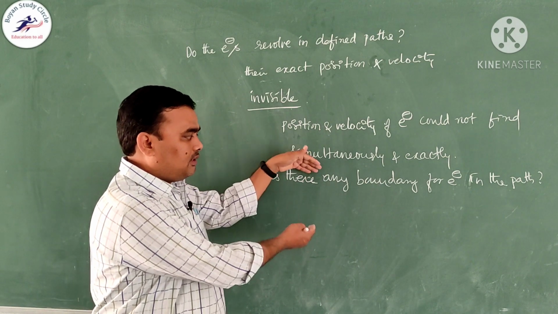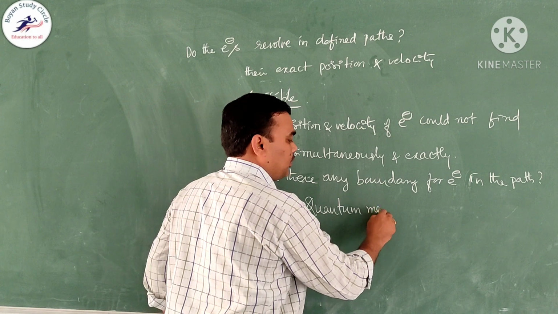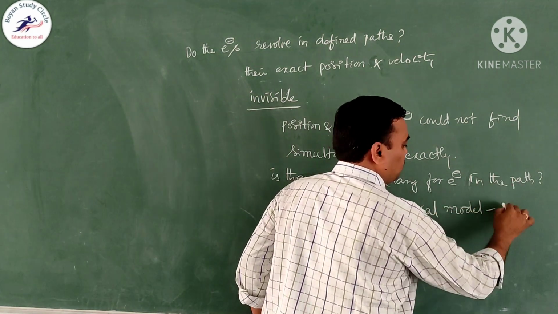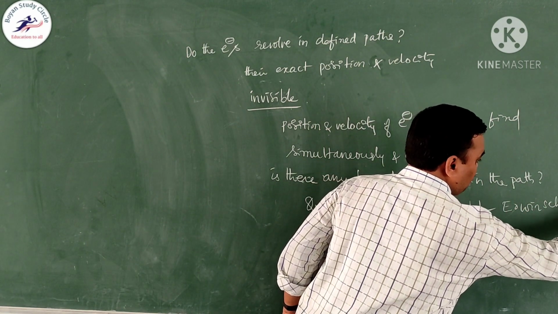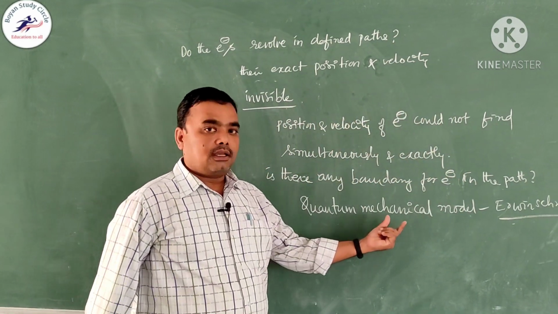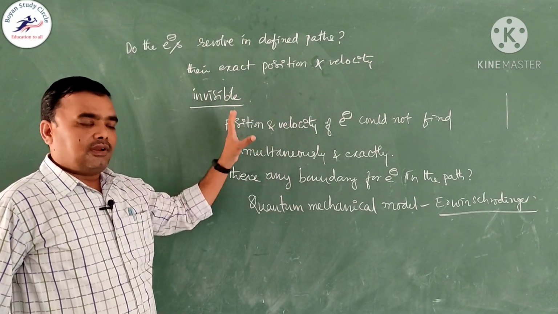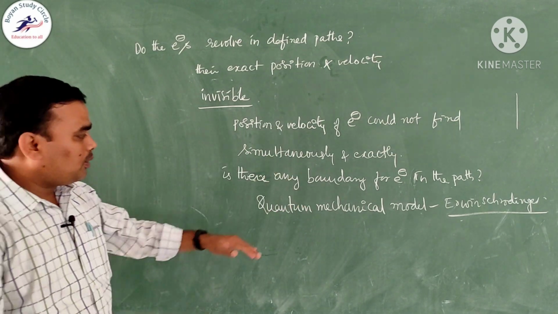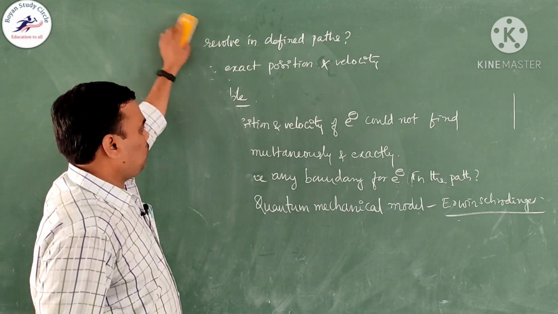To explain this, a quantum mechanical model was proposed by Erwin Schrodinger, to explain the behavior of the electron in the path. So, who proposed the quantum mechanical model? Erwin Schrodinger proposed the quantum mechanical model.